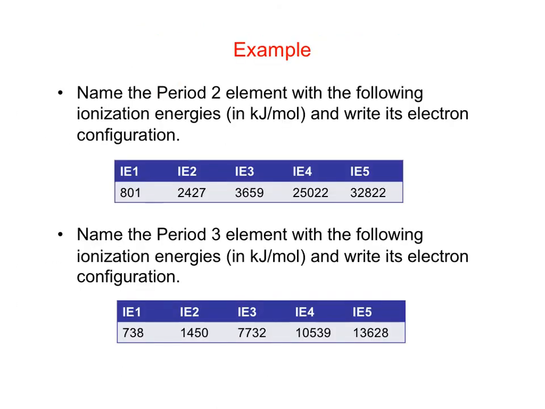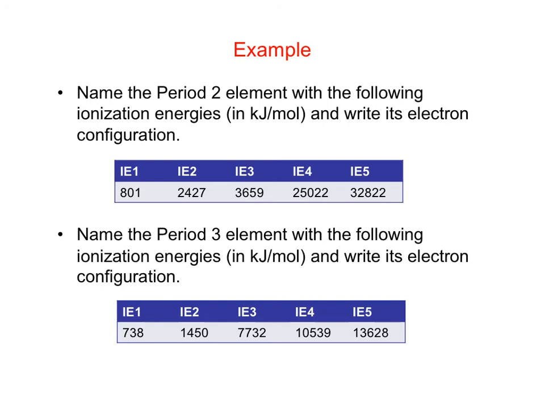If we look at an example, in 2 different cases I have some successive ionization energies: ionization energy 1, 2, 3, 4, 5. That is how much energy is required to take off the first, second, third, fourth, and fifth electrons in both cases. We're told that this is a period 2 element, and we want to identify it.